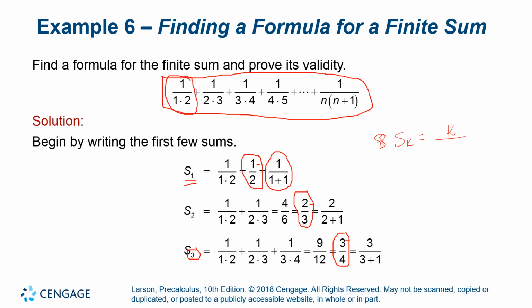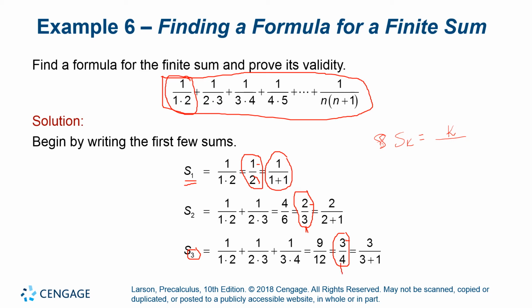If you look at the bottom number, you can see right away that this 2, for example, is one more than the top one. This 3 is one more than the top one. This 4 is one more than the top one.